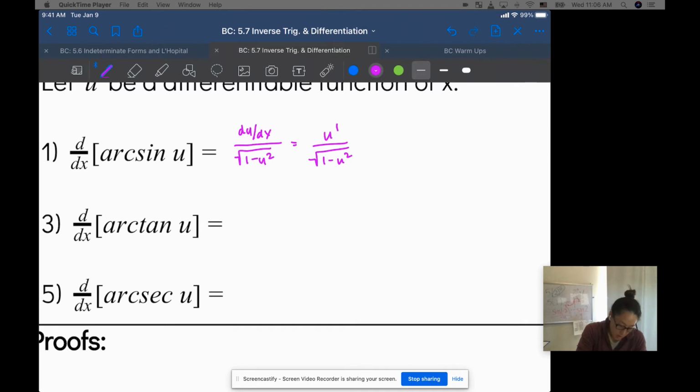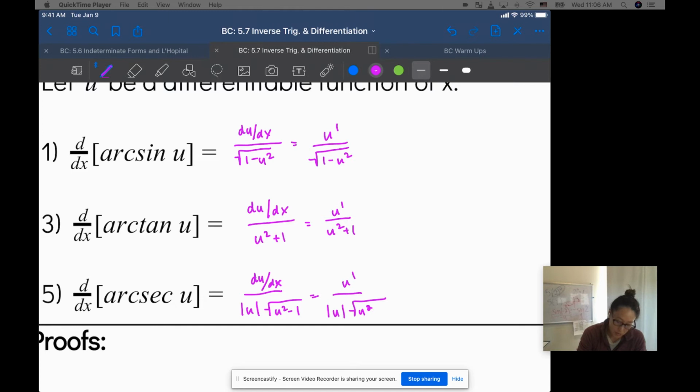The derivative of arctan is du over dx over u squared plus 1, or in other words, u prime over u squared plus 1. The derivative of arcsecant of u is du over dx over the absolute value of u times the square root of u squared minus 1, or u prime over the absolute value of u times the square root of u squared minus 1.